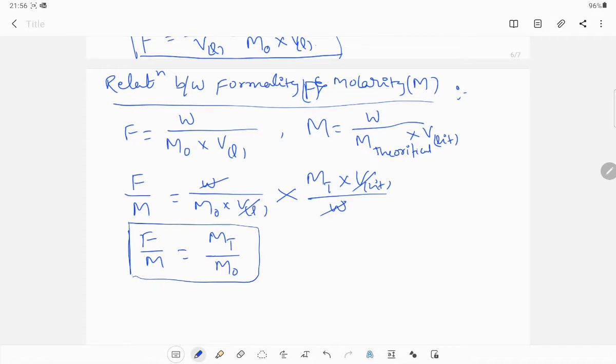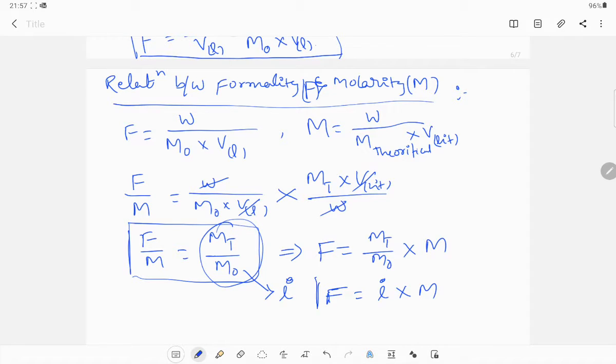So this is the relation between formality and molarity. And also, formality is equal to MT by M observed into capital M. See, MT by M observed is also nothing but I. So formality is equal to I into M. Here I is the Van 't Hoff factor.